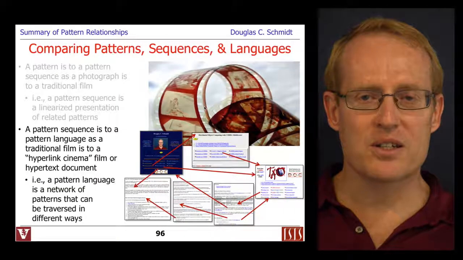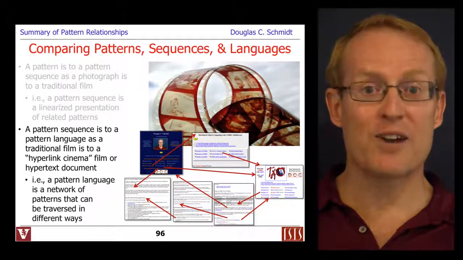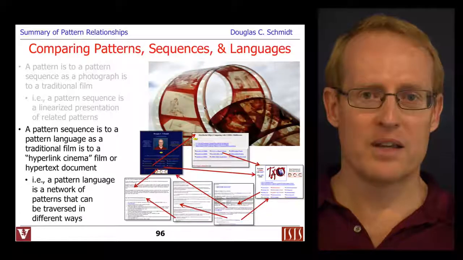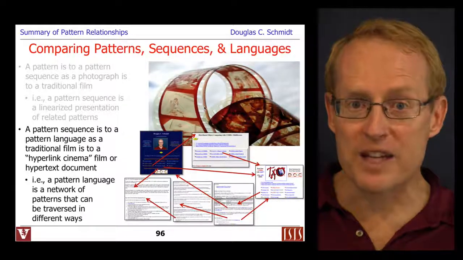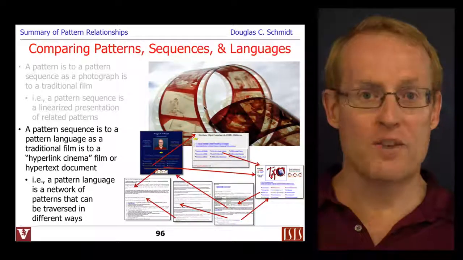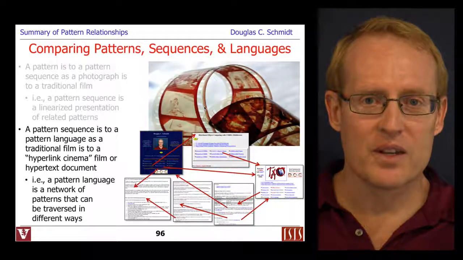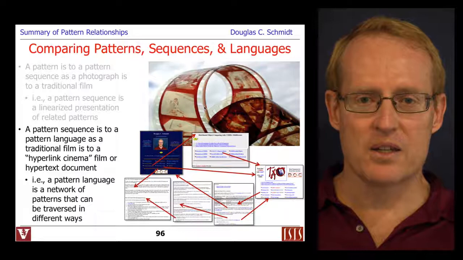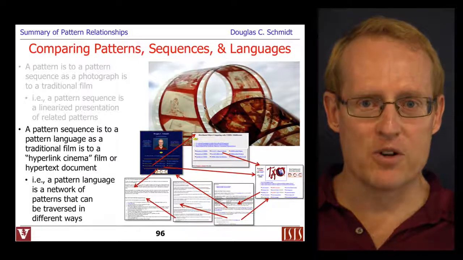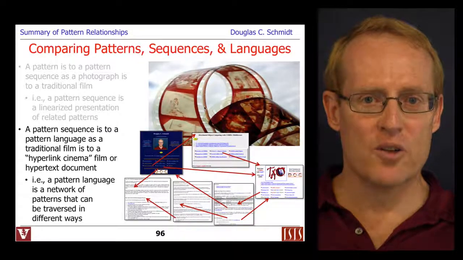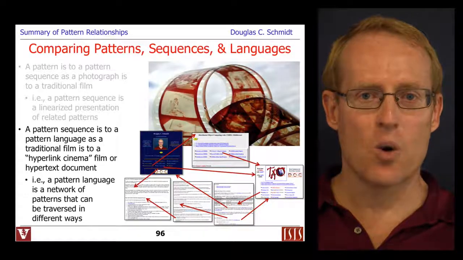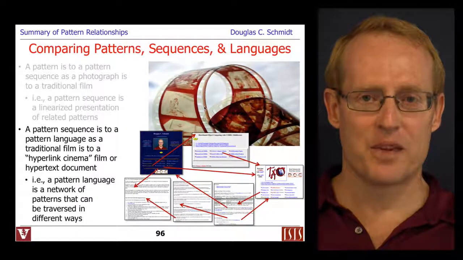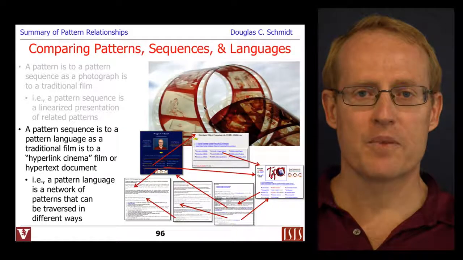In contrast, a pattern sequence is to a pattern language the way that a traditional film is to some kind of hyperlinked cinema film or even a hypertext document. If you take a look, for example, at a hypertext document, you'll see that there's many different ways to traverse through that document, to learn things at your own pace or to address issues that are specific to your particular interests or needs.